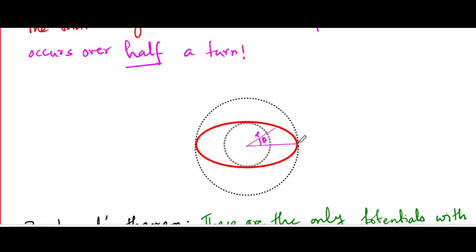And what you see is the r going from r max to r min back to r max by the time theta turns by only pi. And so over a complete turn, r goes from r max to r min to r max, back to r min and again to r max. So two complete radial oscillations for each complete turn. Once again, a closed orbit.